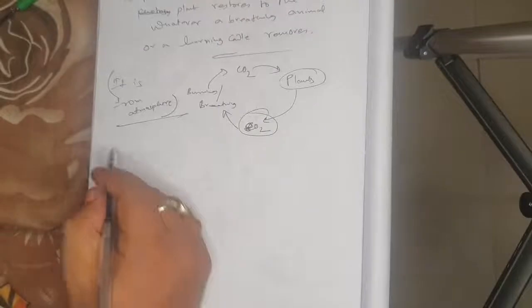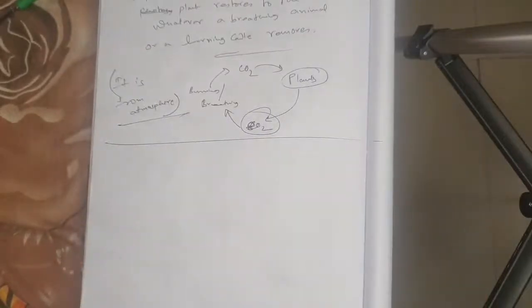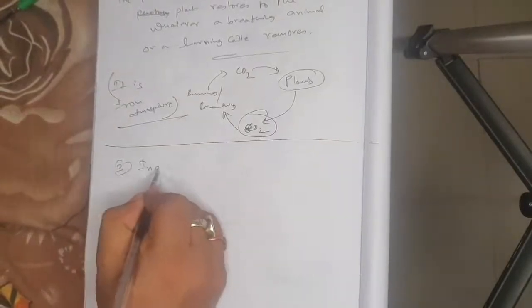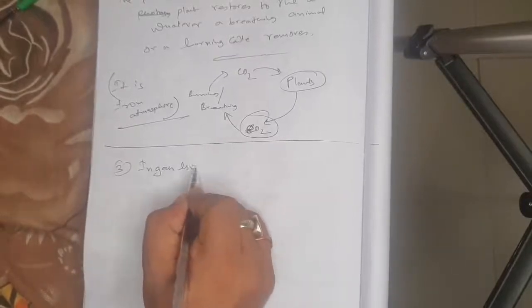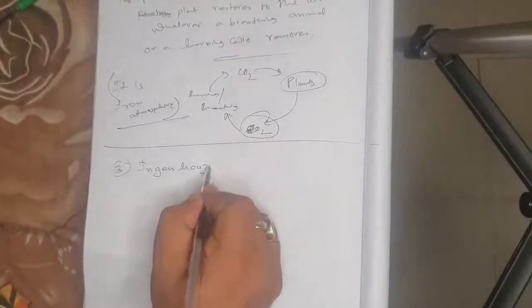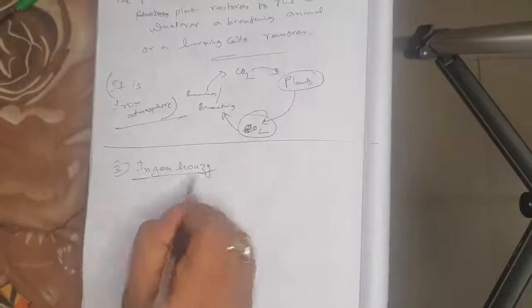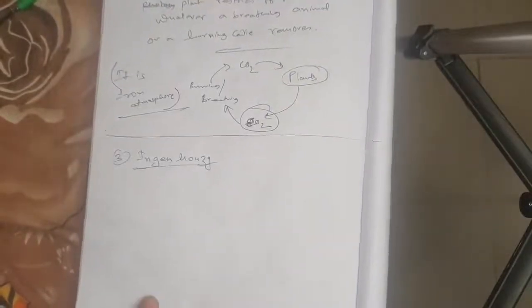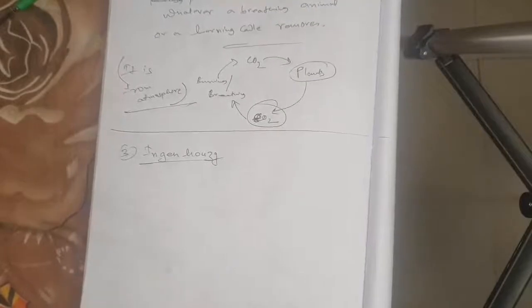Okay, now moving forward, there is the experiment number 3, Engelmann. These German people have very difficult names. Anyway, Engelmann was the scientist.